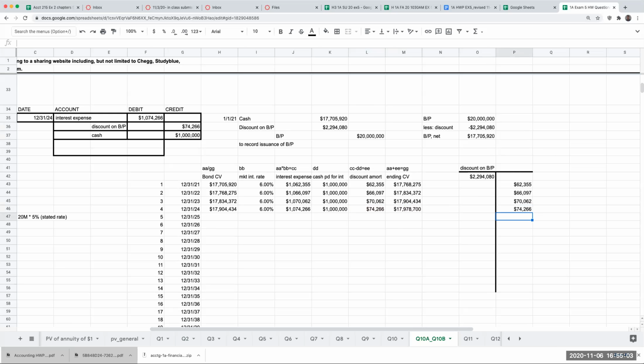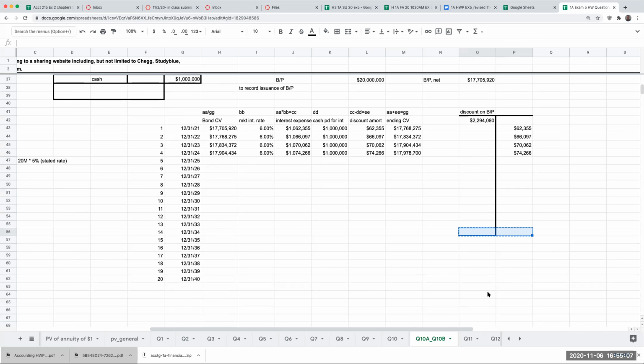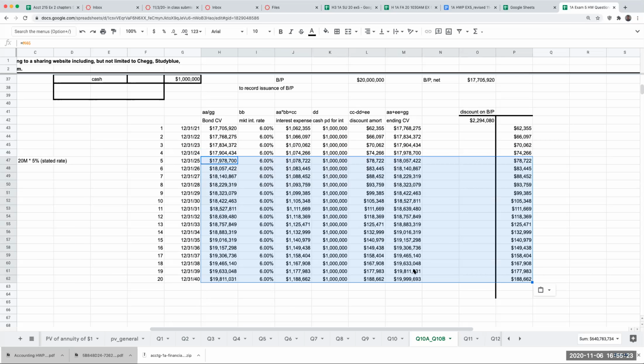So let's now go through and see, because of the power of Excel, which I still have yet to master, what this looks like. At the end of the 20 years, this should be pretty close to about $20 million. And it is. We're off just slightly.